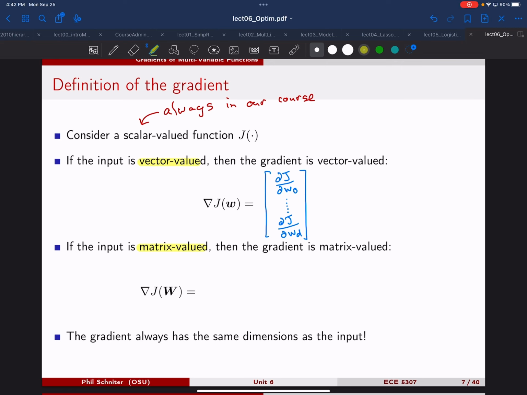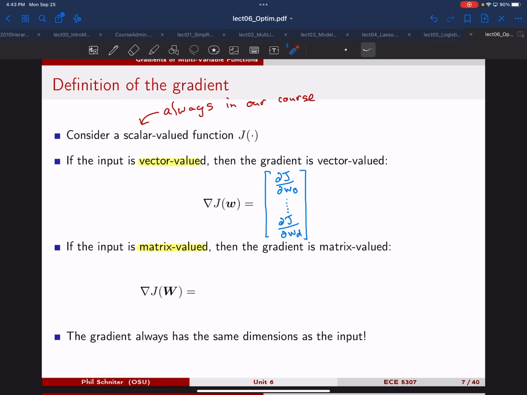You have a matrix you have to optimize. So in all these cases, we do have this situation. So what do you think happens to the gradient in this case? It becomes a matrix of partial derivatives of J with respect to W00 and so on. Exactly. You just get an entire matrix.